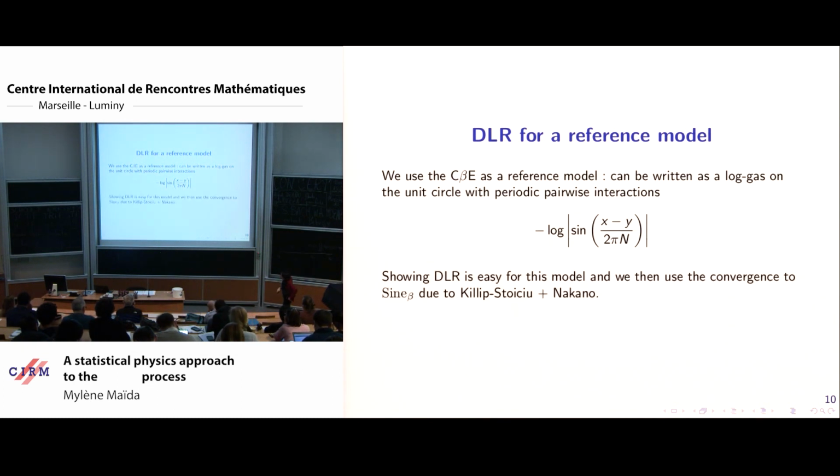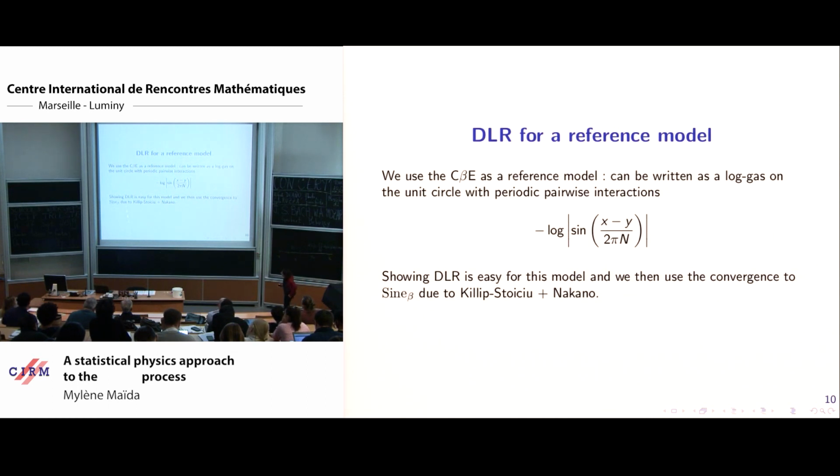So it's really an algebraic computation to show the DLR equation at the finite level for this model, and then you use the convergence to the sine beta, combining Killip and Stoiciu's convergence and Nakano's, showing that it's the same process as the Valko and Virag one.